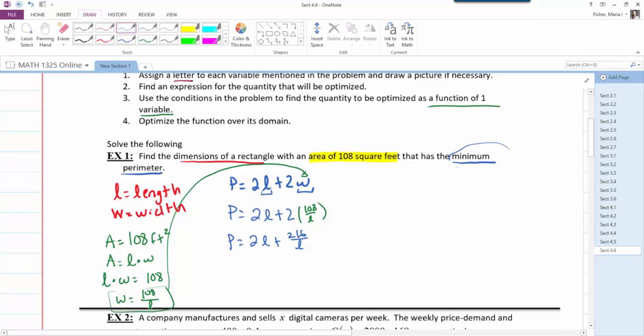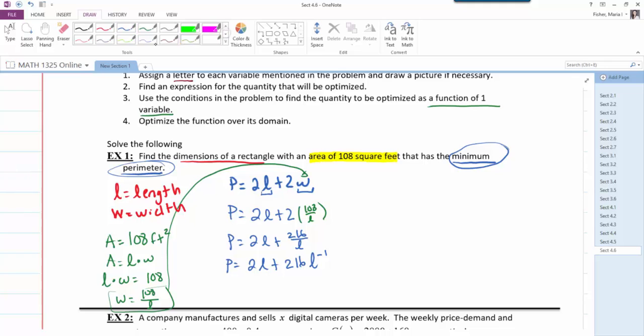Now if I want to find the minimum perimeter, what I need to do is the optimization, which again, how do I find minimums or maximums? I take the derivative. I look for those critical numbers. Before I take the derivative, I should make sure that I clean it up. Perimeter can also be rewritten as 2L plus 216 L to the negative first power.